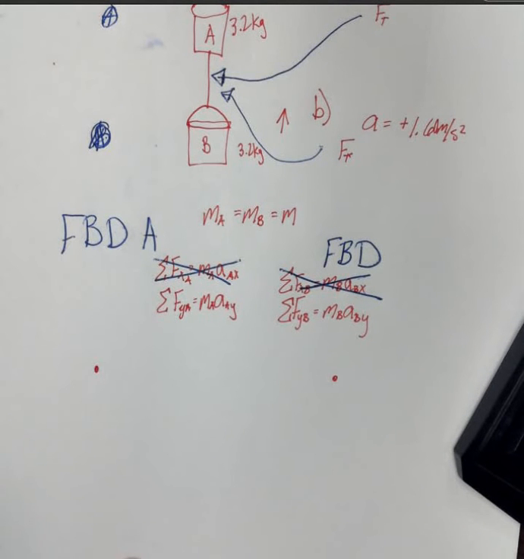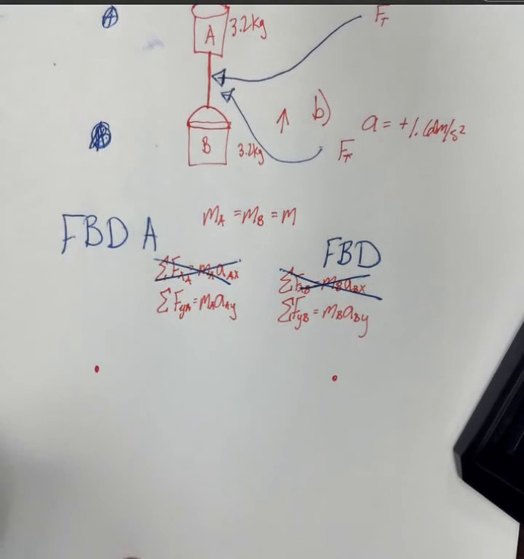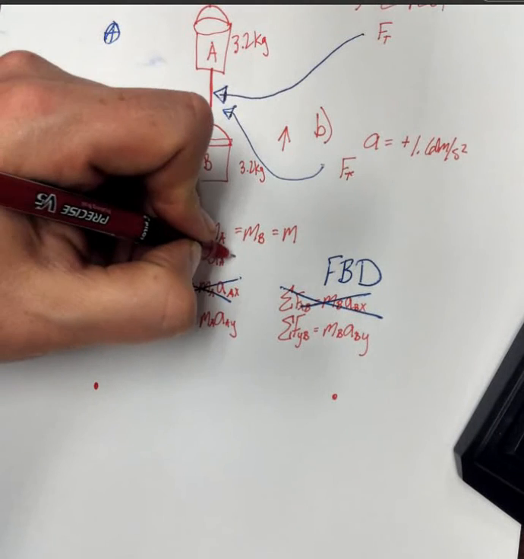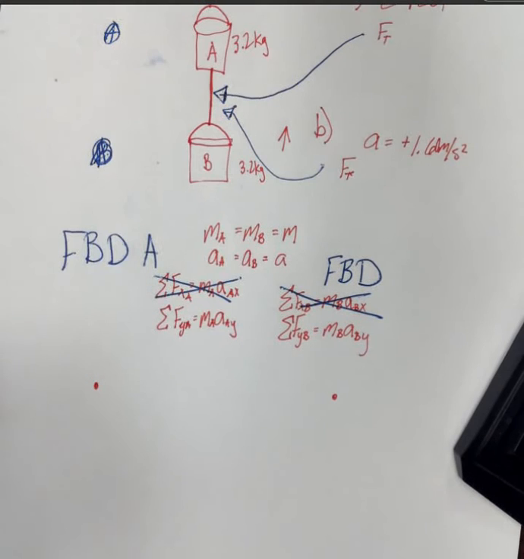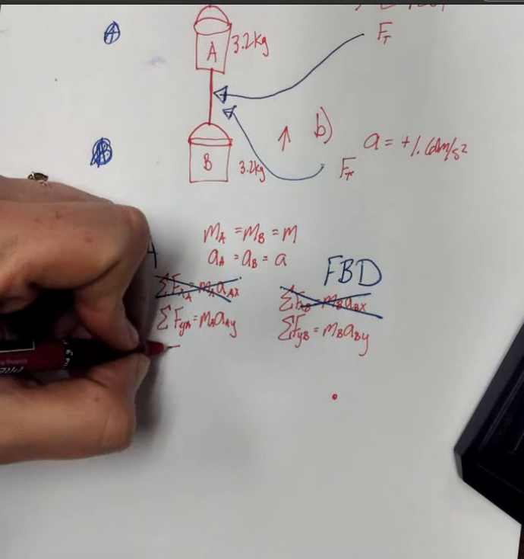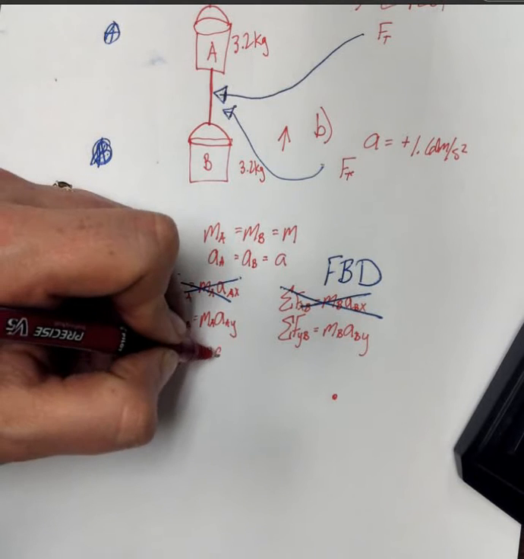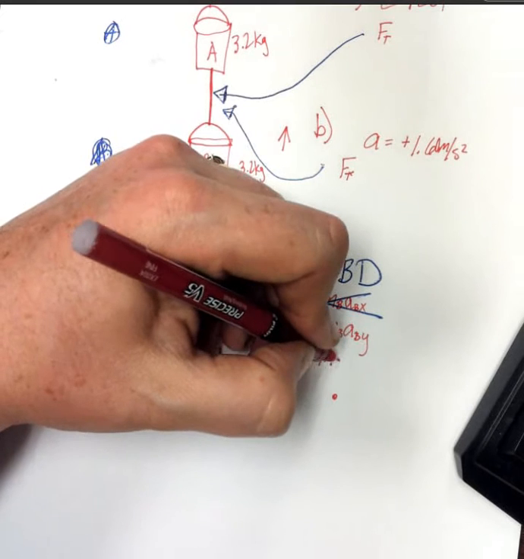Another thing I'm going to remember is that as long as this string in between them stays taut, which means it doesn't stretch and it doesn't bend and it doesn't fold, these buckets have to be moving together. So the acceleration of bucket A is equal to the acceleration of bucket B, which we can just call a. That means that the net force on bucket A is equal to the mass times the acceleration, and the net force on bucket B is equal to the mass times the acceleration.